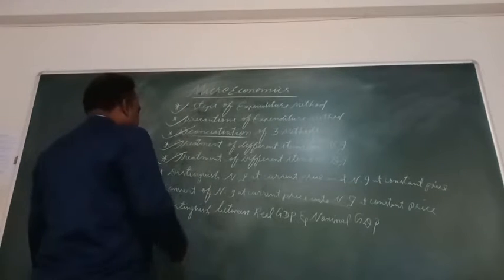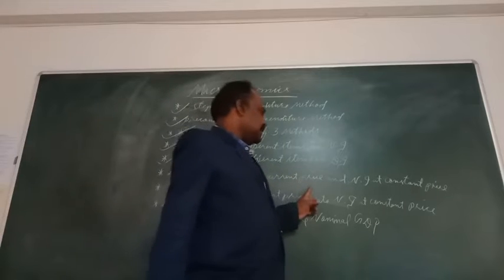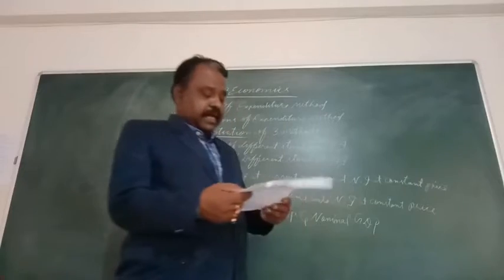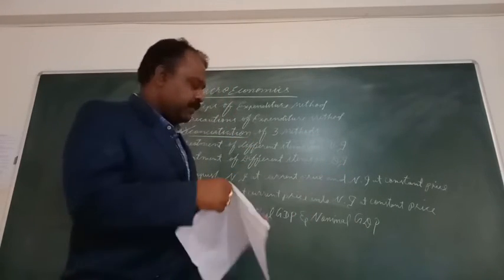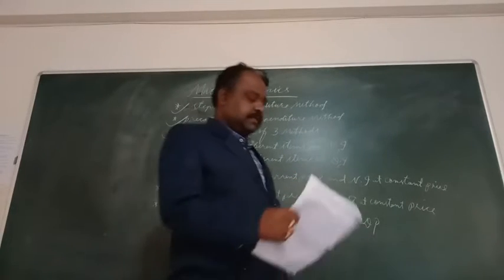Now next is distinguishing national income at current price and national income at constant price. Beta, listen to that very properly. First I have to clarify what national income at current price is.